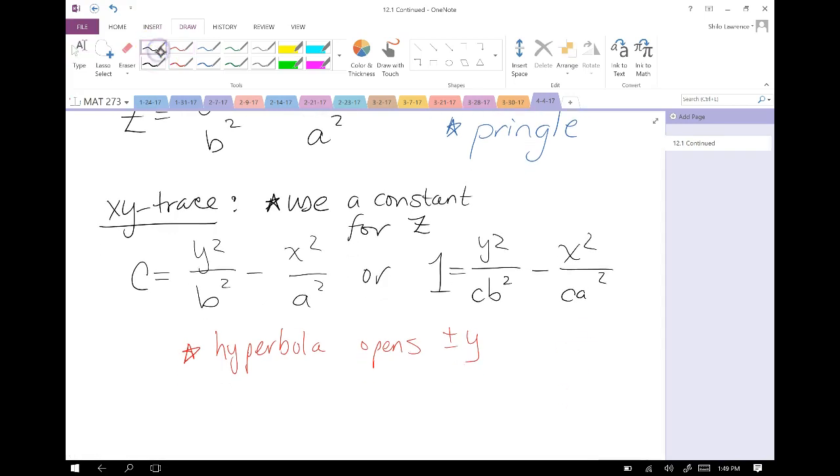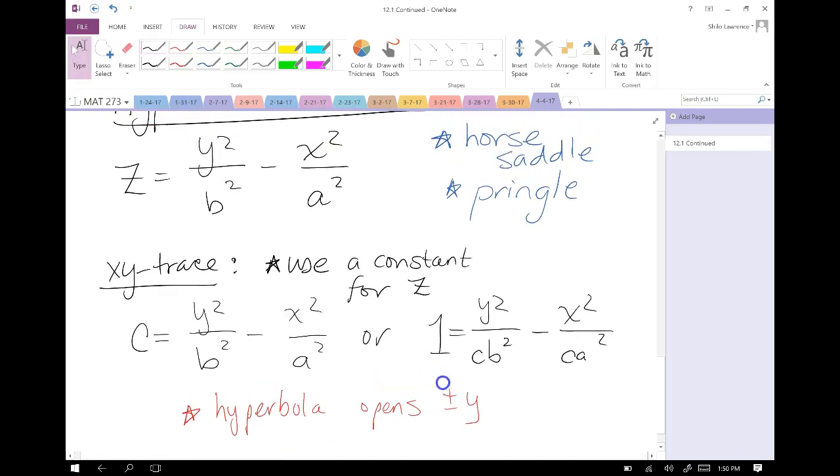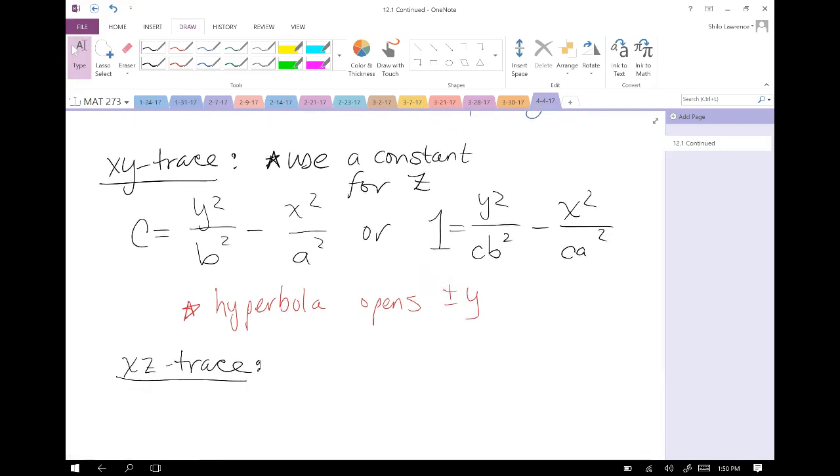The XZ trace. If you just disregard your y's, it would be x squared over a squared equals z, but you should keep your negative as well. Z equals negative x squared over a squared. And what's that shape?